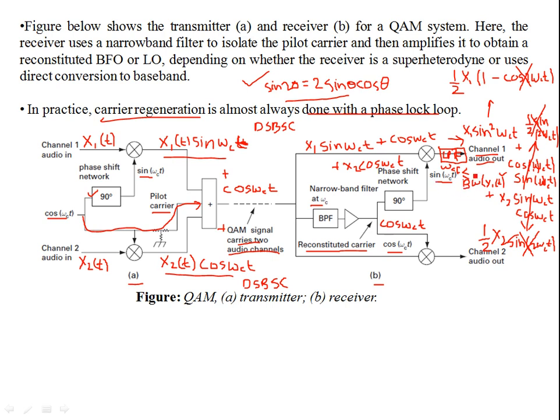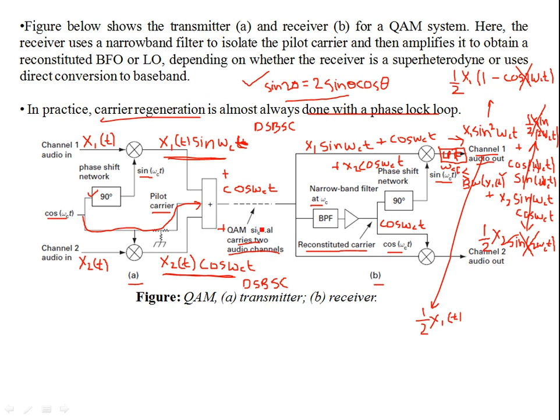So the cutoff should be at least the highest frequency contained in x1. As a result, my output for channel 1 is 1 by 2 x1(t), that was transmitted as a DSBSC signal. That was my first DSBSC signal, besides the second DSBSC signal.